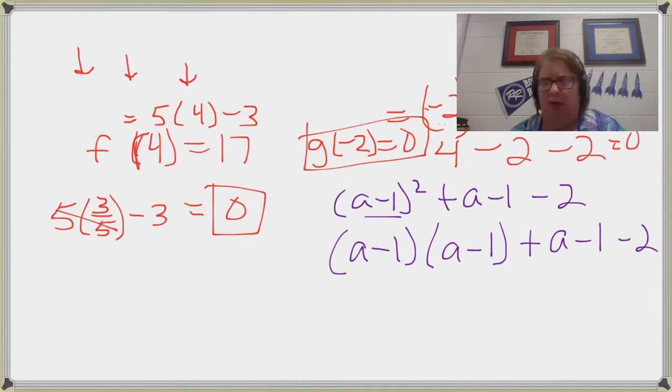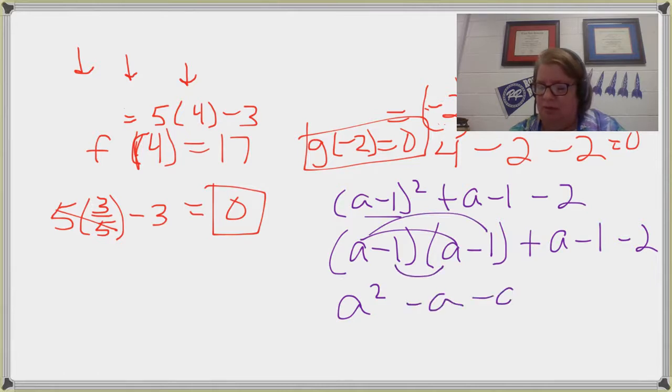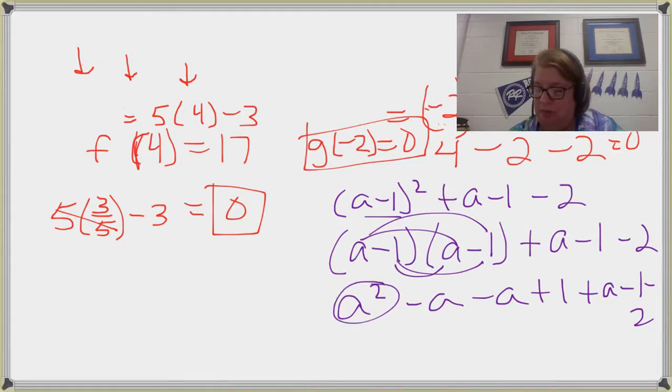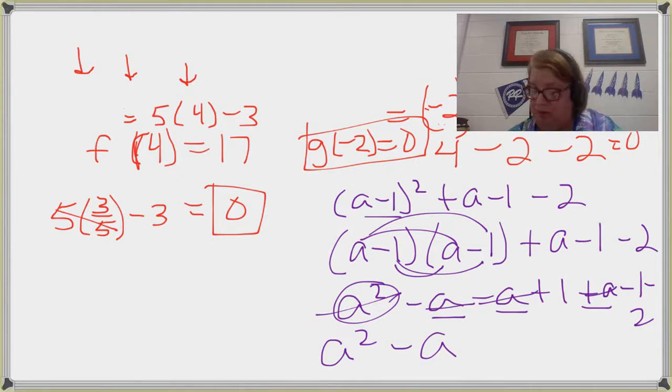You can use FOIL or you can use box. We have a squared minus a minus another a plus 1 plus a minus 1 minus 2. Combine your like terms. Here's an a squared. There's minus a plus a. Those two would cancel. And you have plus 1 minus 2.